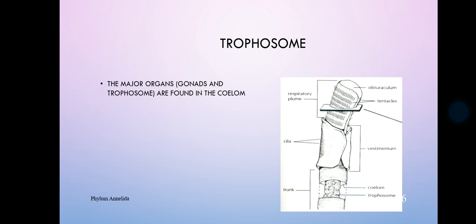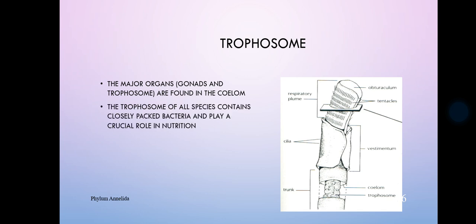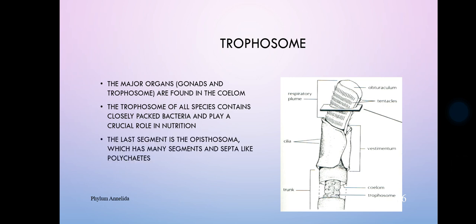Trophosome. The major organs, gonads and trophosome, are found in the coelom. The trophosome of all species contains closely packed bacteria and plays a crucial role in nutrition. The last segment is the opisthosoma, which has many segments and septa like polychaetes.